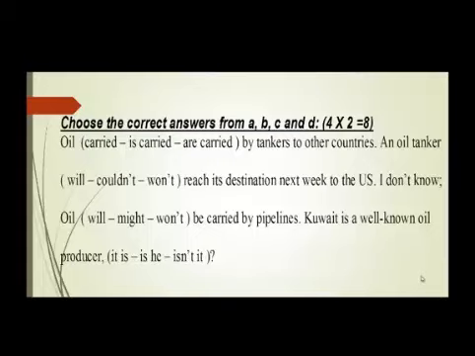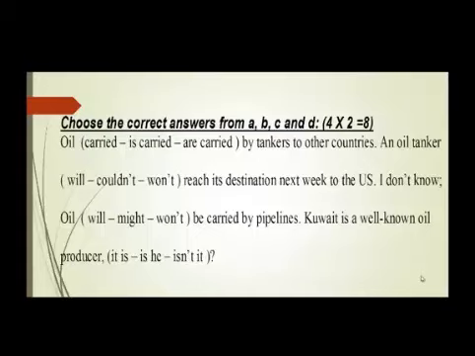An oil tanker will, couldn't, won't reach its destination next week to the US. I don't know. Oil will, might, won't be carried by pipelines. Kuwait is a well-known oil producer. It is, he, isn't it?